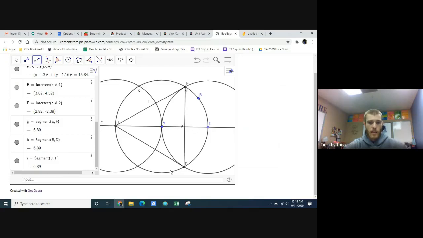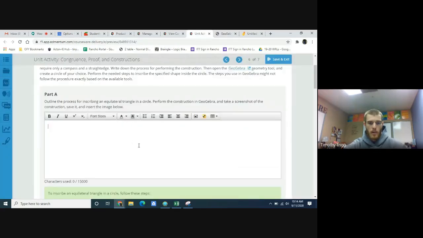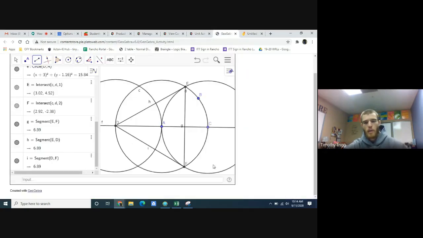Once you have that, take a screenshot of it and put it right here for part A. So what we produced was an equilateral triangle inscribed in a circle. Notice it's inside the circle and touching its corners. Okay, cool.